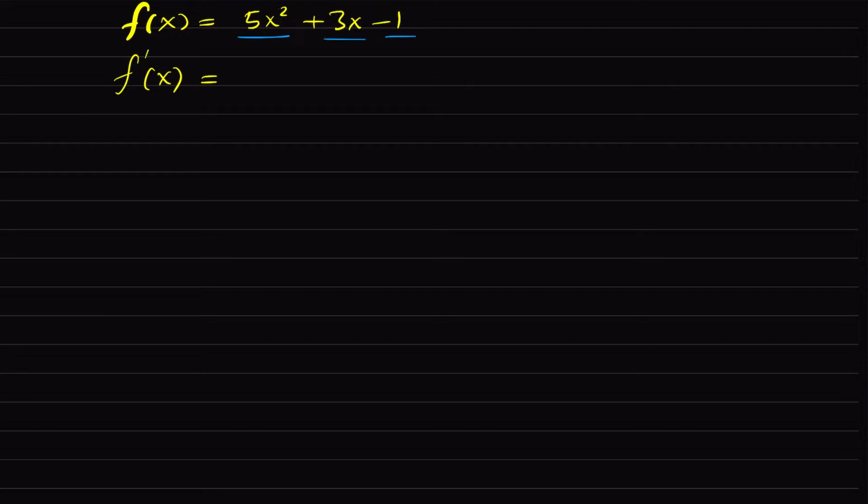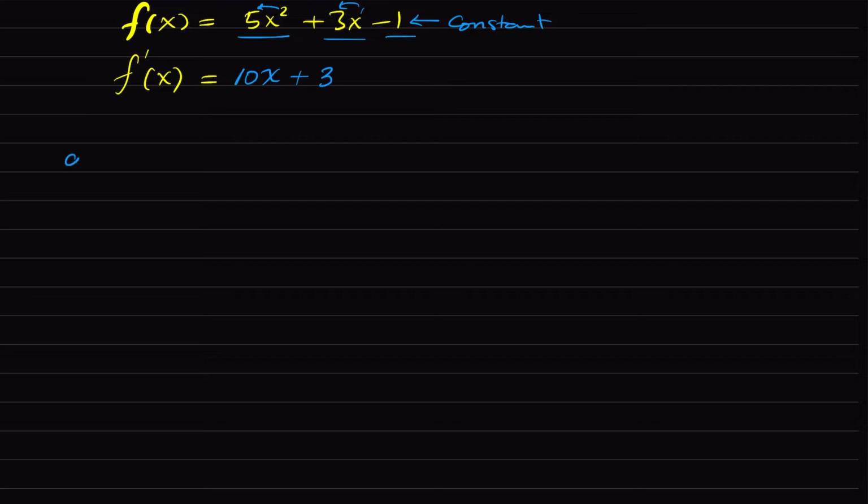So it will be 5 times 2, it's 10x, plus 1 times 3, it's 3x power 0, which is 1, and negative 1 is a constant, so its derivative is 0. In this way, it's easy to do the derivative.